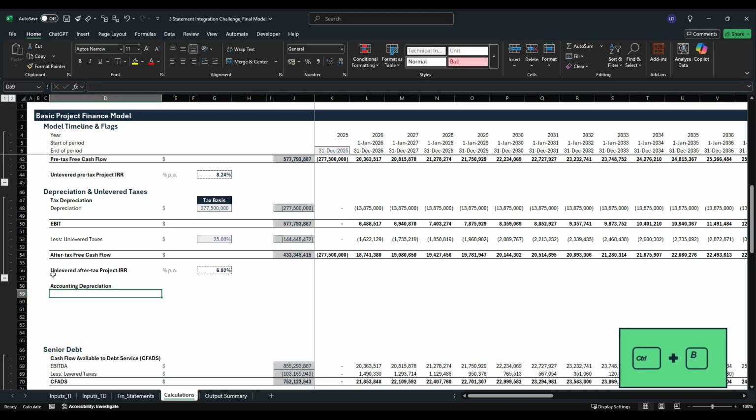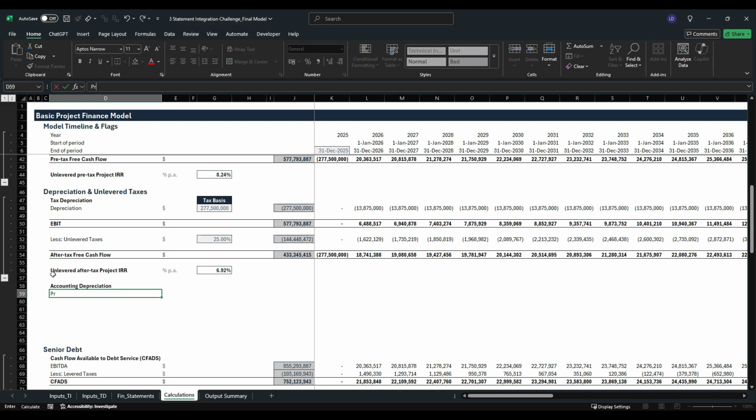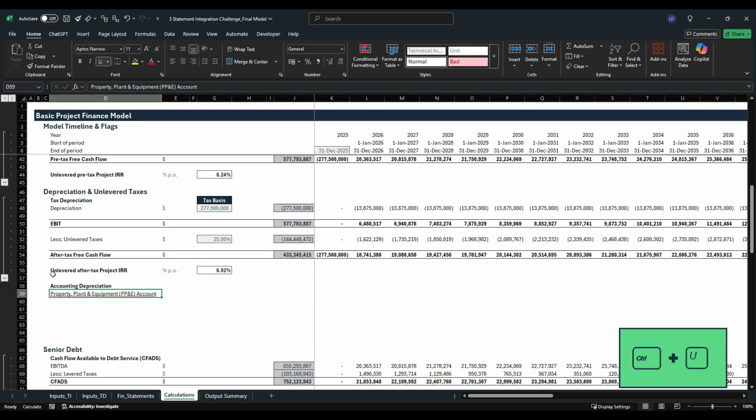Let's bold this. And let's name this property, plant, and equipment, PP&E account. Underline this.